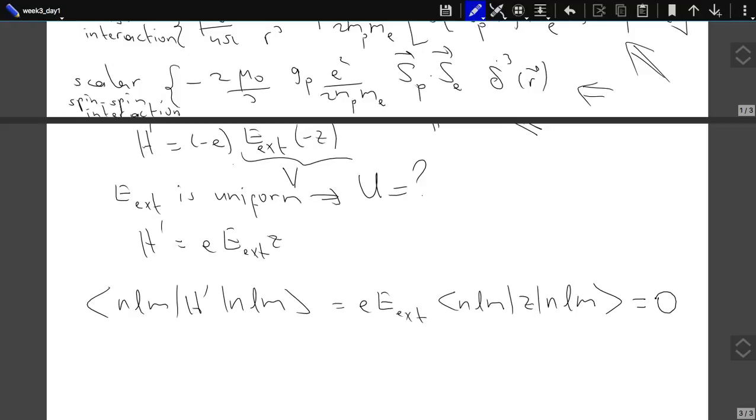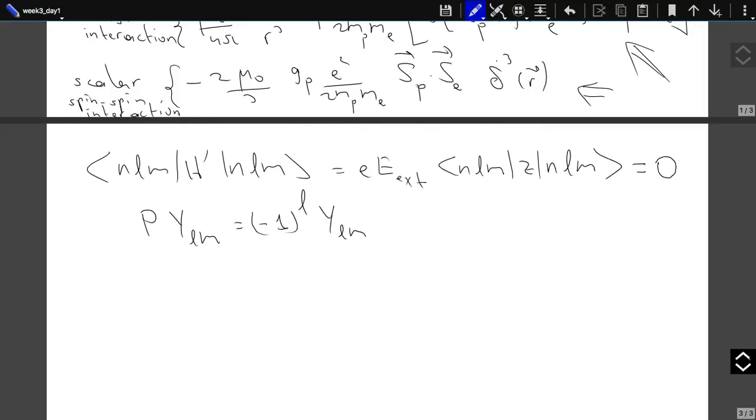Now the easiest way for me to see this one is using the parity. Remember what we discussed, the parity. The nice thing about the parity is that the spherical harmonics, when you apply the parity to them, get (-1)^l Y_lm. They are eigenstates of the parity. So parity acting on z|n l m>: under parity z becomes -z, and the lm state becomes (-1)^l.